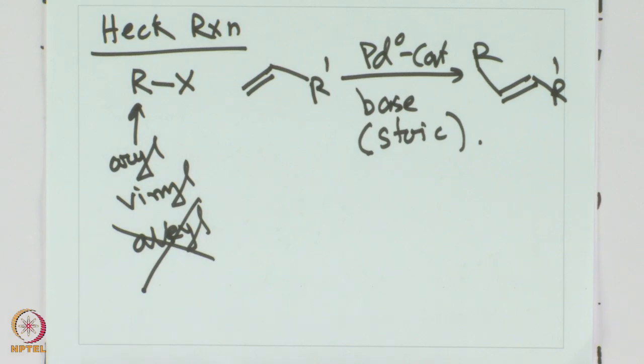So, overall in this reaction, we will see palladium will oxidatively add to aryl halide or alkenyl halide. After oxidative addition, olefin will coordinate with the metal center. From there on, insertion of the aryl or alkenyl part into the olefin will occur, that is the beta migratory insertion.